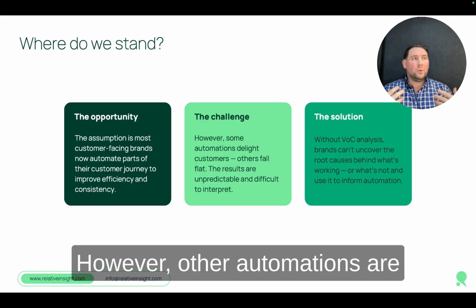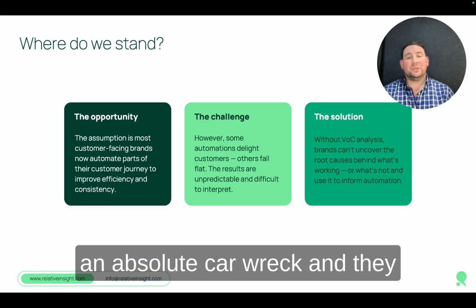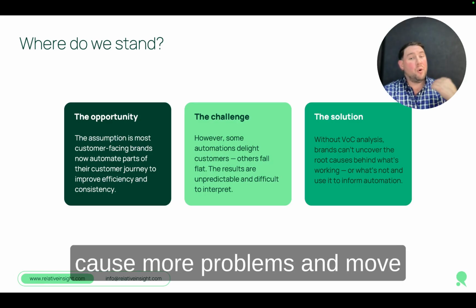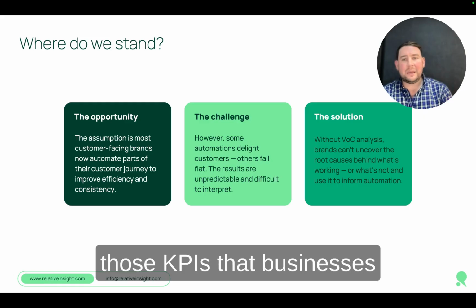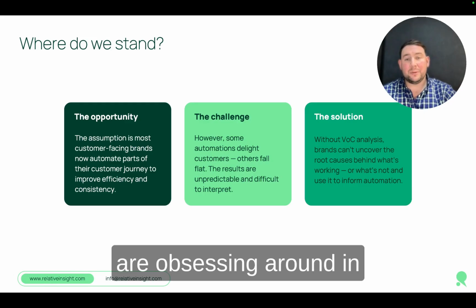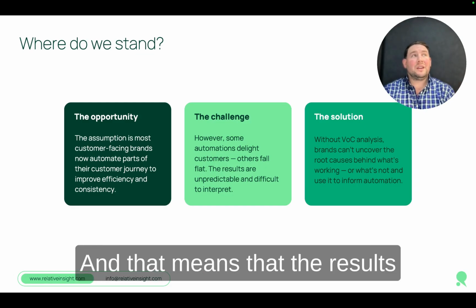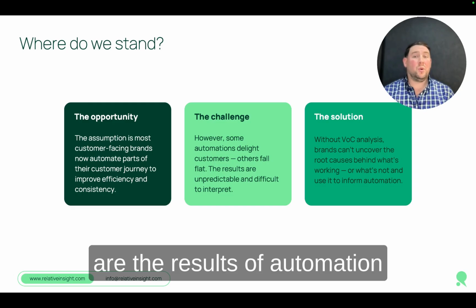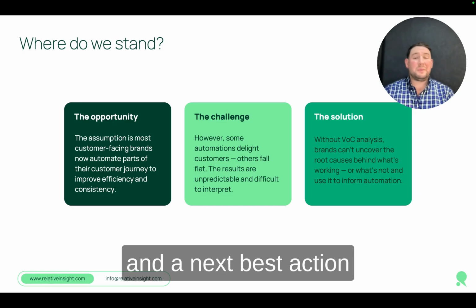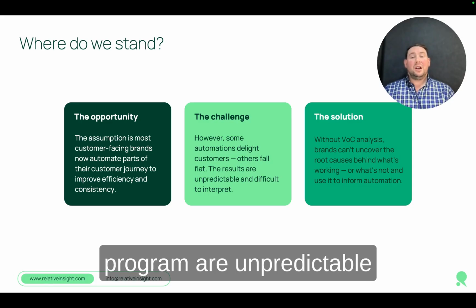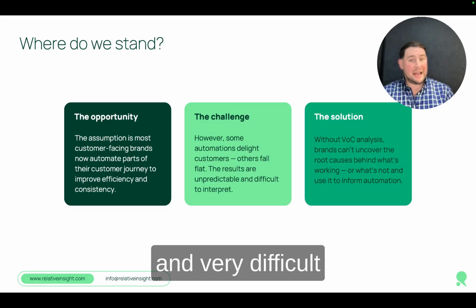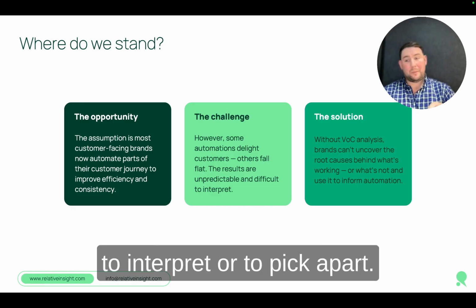However, other automations are an absolute car wreck, and they cause more problems and move those KPIs that businesses are obsessing around in totally the wrong direction. And that means that the results of automation and a next best action program are unpredictable and very difficult to interpret or to pick apart.